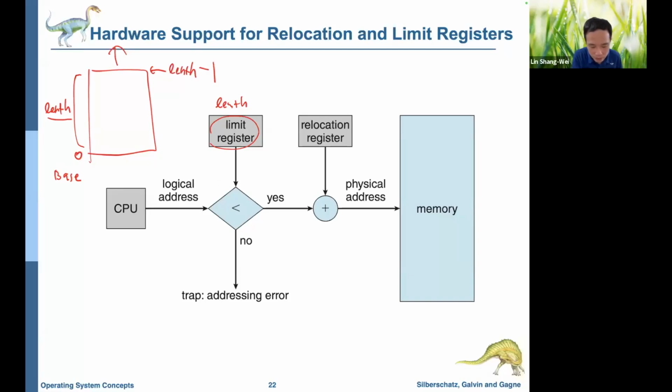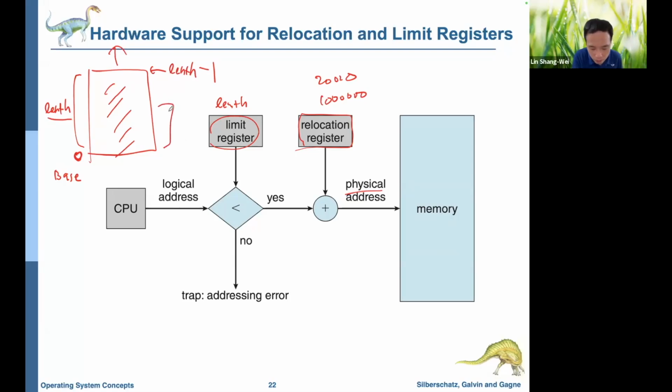If it is less, it is legal, and then we use the relocation register. Because 0 is the logical starting address, now we are going to translate the logical address into a physical one. So you need to know the relocation base register, which could be some value, and you add your offset. You can think of the logical address as an offset.